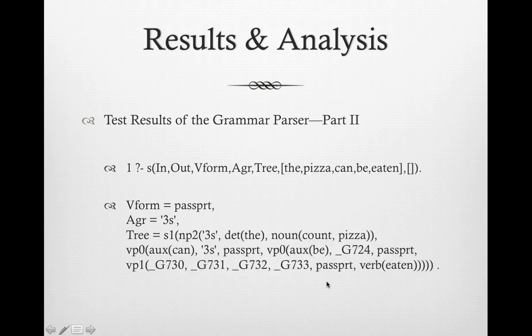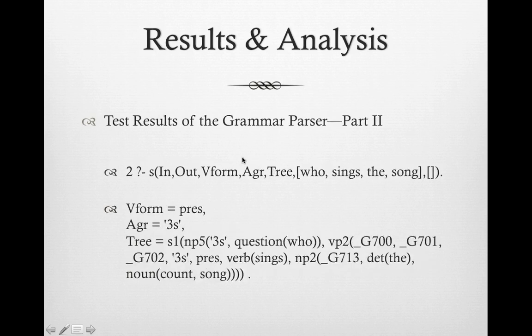And here is the second part of the grammar parser. It has a function to parse passive sentences, and it can also deal with WH questions. Here's the test result of the sentence the pizza can be eaten, and it is in the passive form. And here's another test case for the second part of my grammar parser.